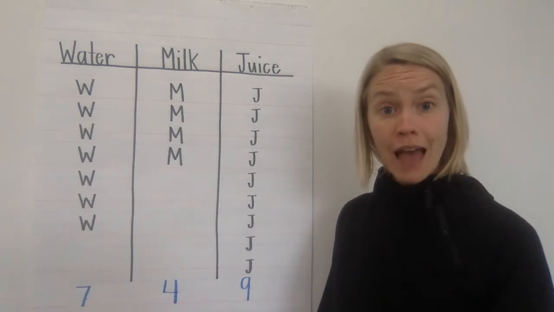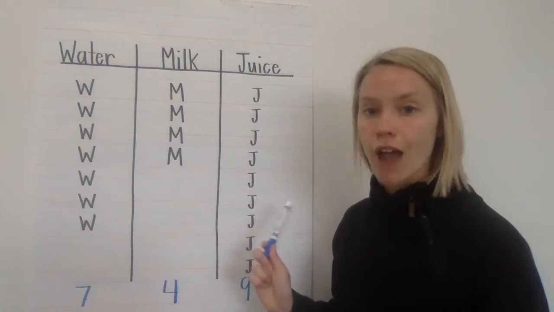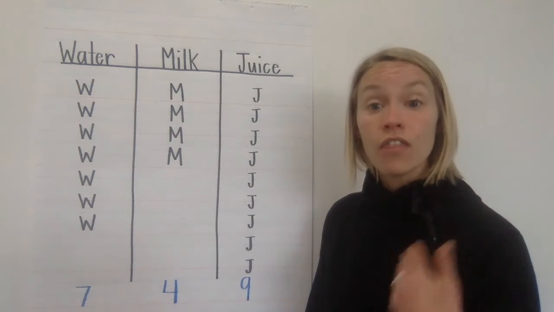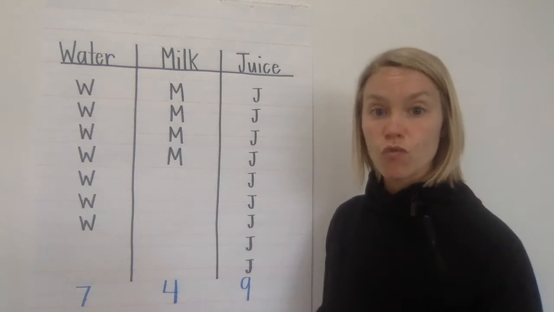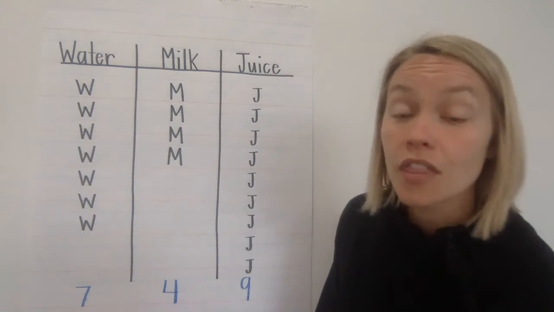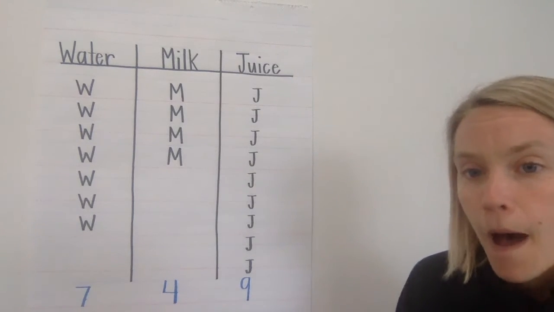Okay, so how many people responded to this survey? So if I'm looking at our graph, I want to know how many people answered the question, would you rather drink water, milk, or juice? So how many people answered that question? All right.